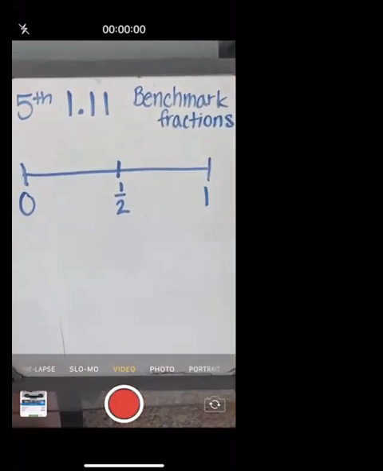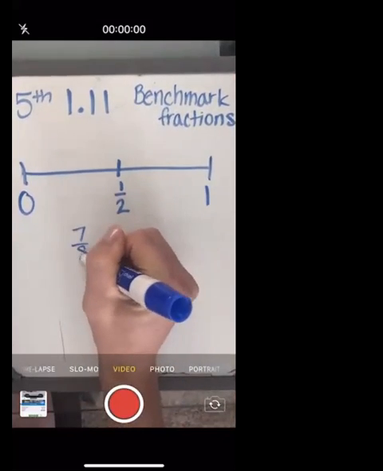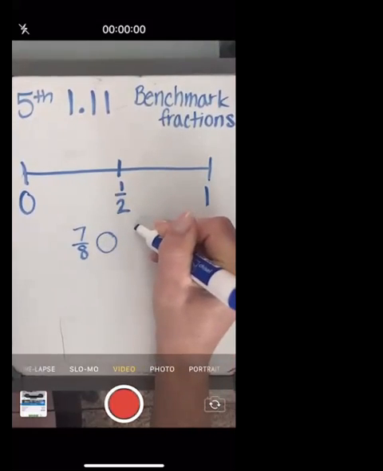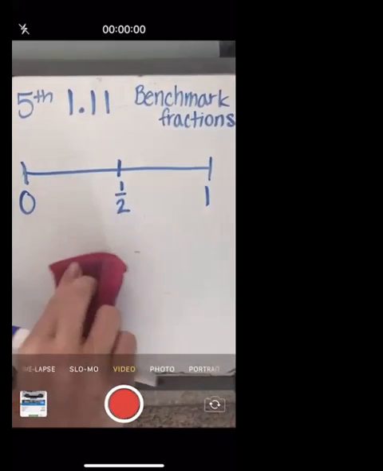When we were comparing fractions, a good example was 7/8 and 2/3. You said 7/8 is one small piece away from 1, while 2/3 is a big piece away from 1. We're going to bring benchmarks back today to do some rounding with fractions.